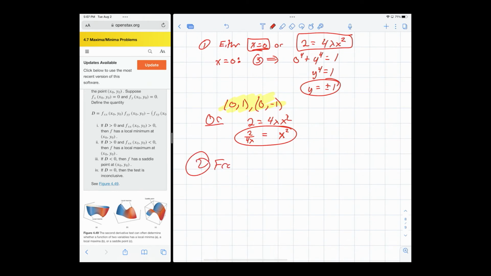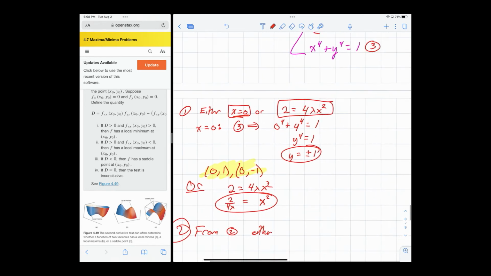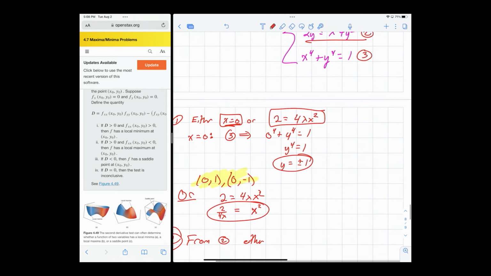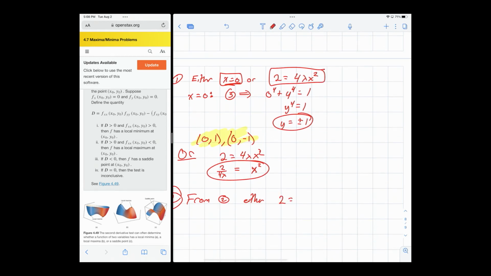So from the second equation, either y is going to be 0, or we're able to divide off a y. So either 2 is 4 lambda y squared, or y is 0.